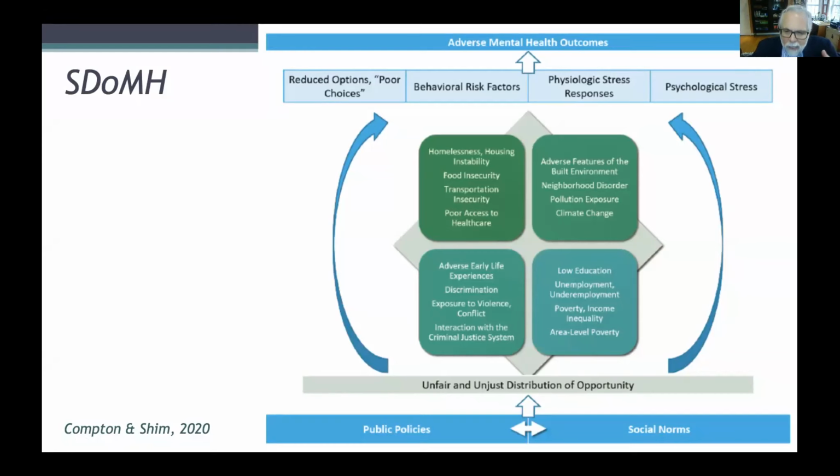Because of that filtering, these different ways of having opportunities affect a number of other factors. You see them in this pale blue one above, the four boxes about reduced options, behavioral risk factors, stress responses, and so on, which then are the ones that produce, in this case, mental health outcomes. And many of these have biologic types of mechanisms involved.